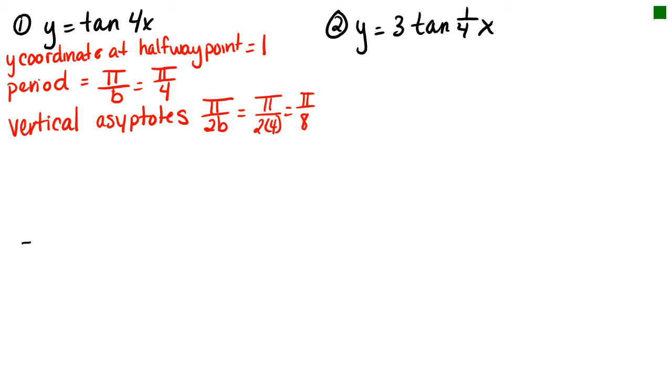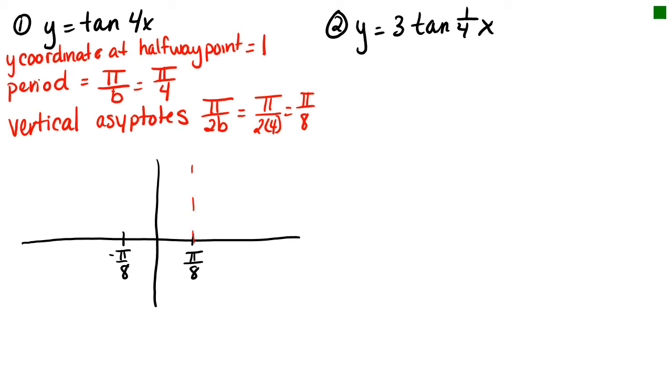So here is my coordinate plane. My period is going to be pi fourths long, and I know I'm going to have asymptotes at pi over 8. My period is the distance between asymptotes, if that makes sense. So here I'm going to be at negative pi over 8, there's going to be an asymptote, and at pi over 8, there's going to be an asymptote.